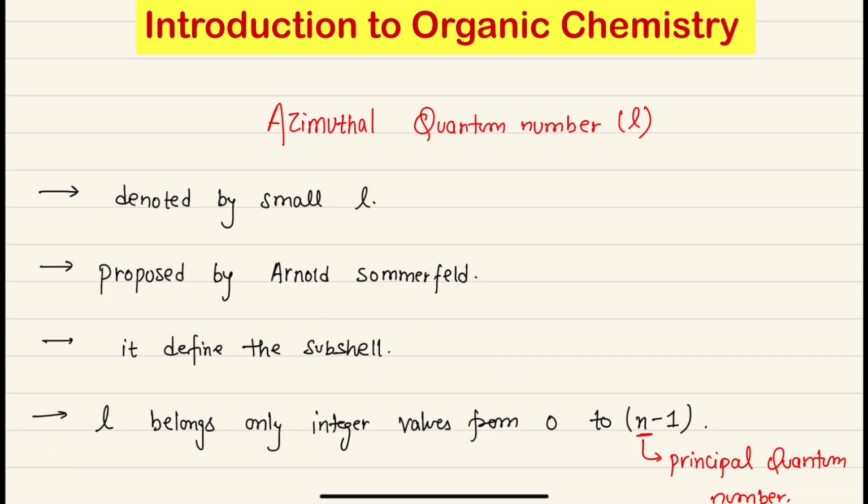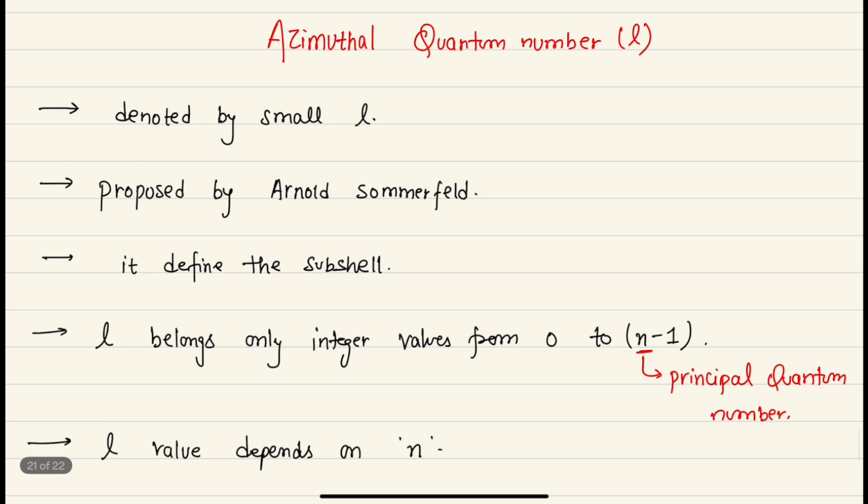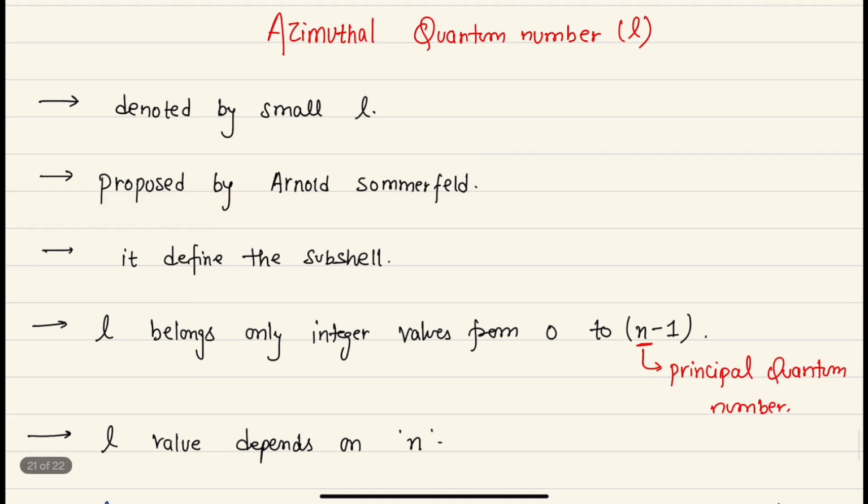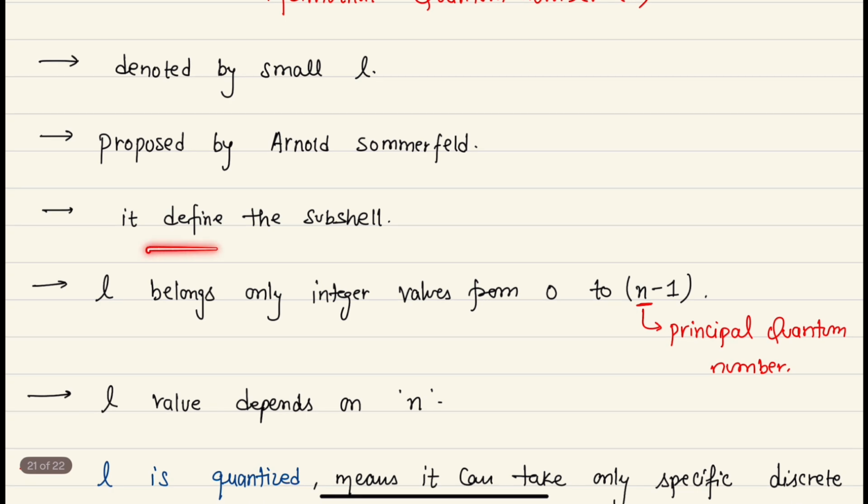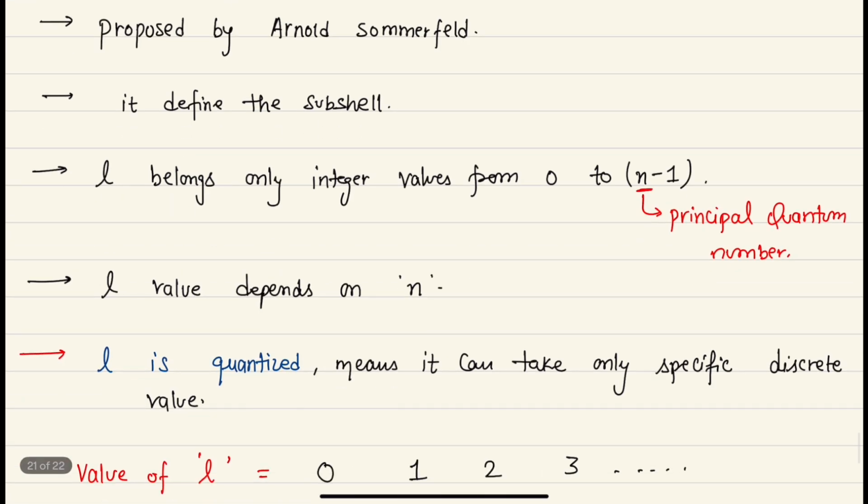Azimuthal quantum number. First of all, a small l, it is a symbol, right? And it was first proposed by Arnold Sommerfeld, okay? And this L value defines the subcell, right? And this L value takes only integer values from 0 to n minus 1.